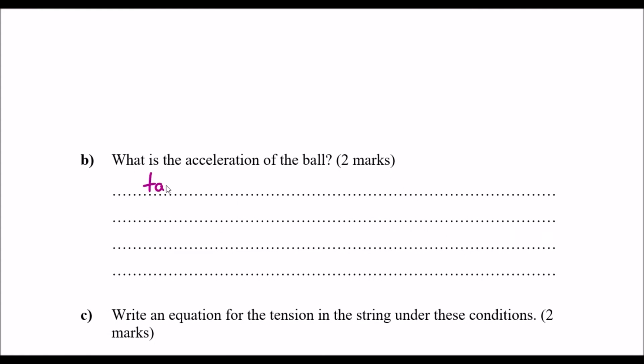So we're going to use tan theta equals to, the opposite side was our net force, and our adjacent side, sorry. So tan 30 equals to, let's break it out, m times ac, that's our centripetal force, or centripetal acceleration, and then m times g, acceleration due to gravity.